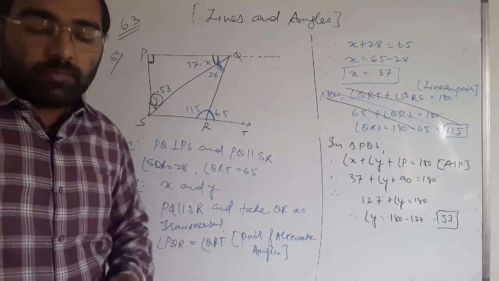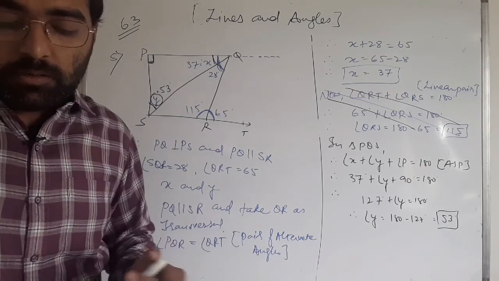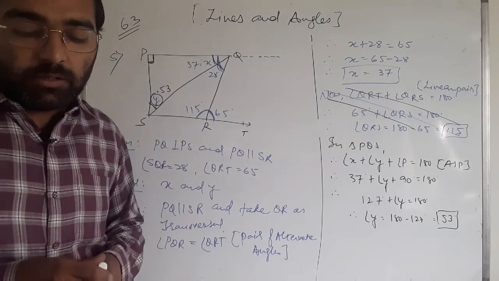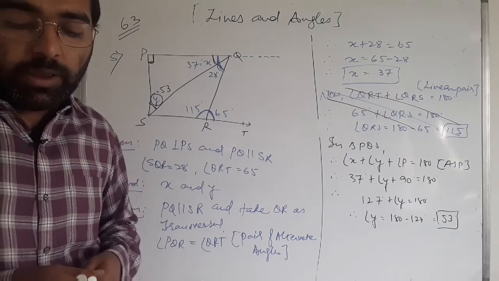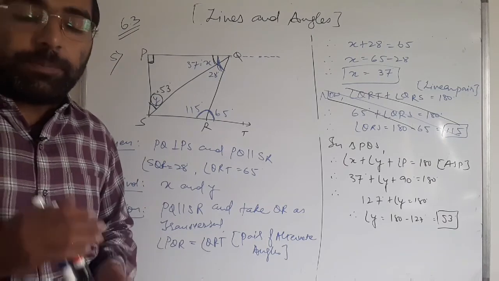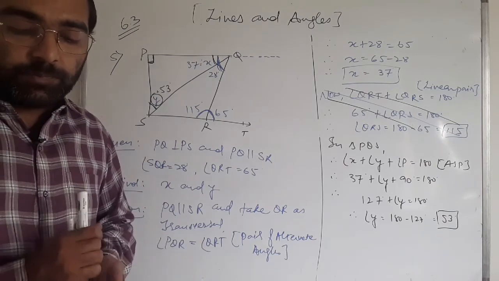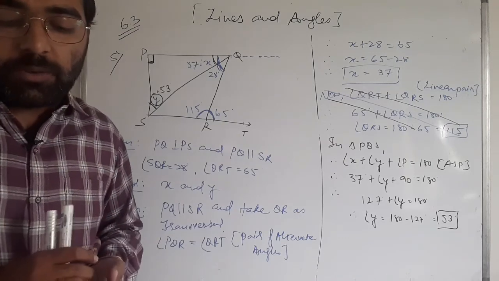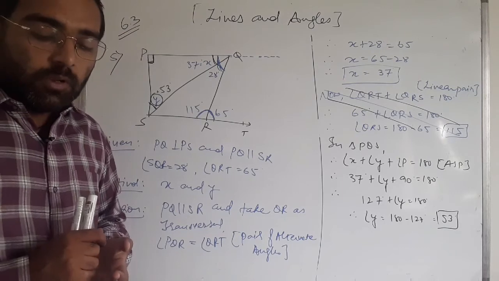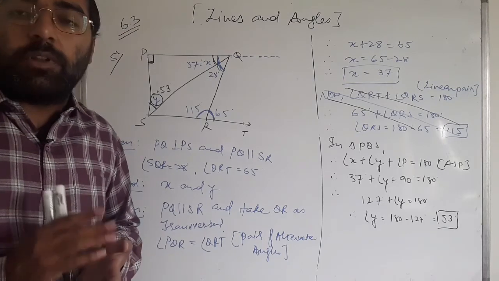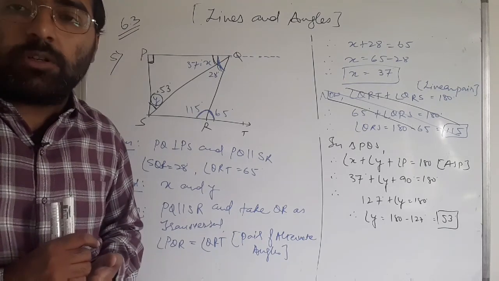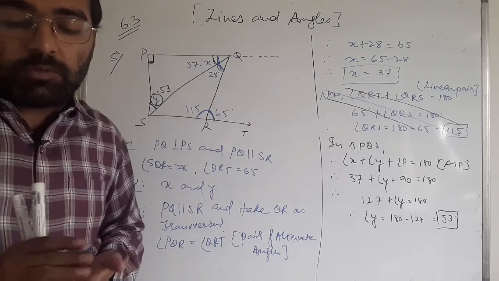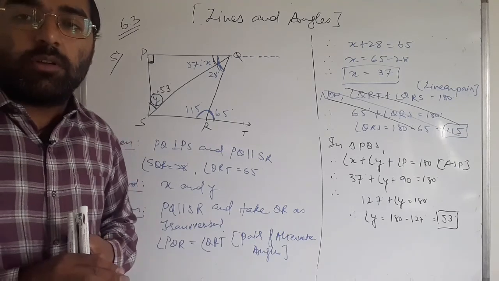Please listen carefully to all these things that I'll teach you, because they are most important from the exam point of view. So can we move to that for the next session? We will take question number 6 in the next session.